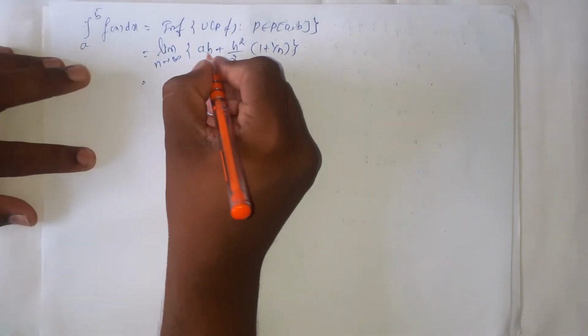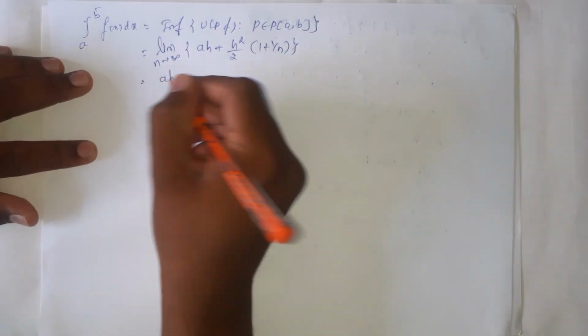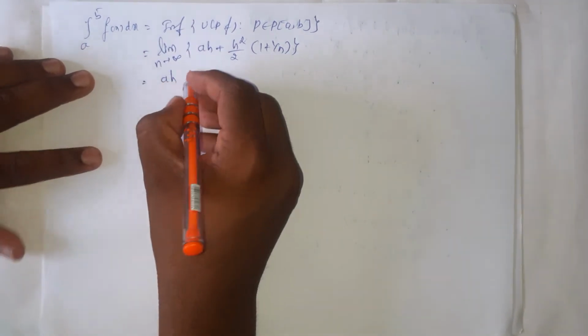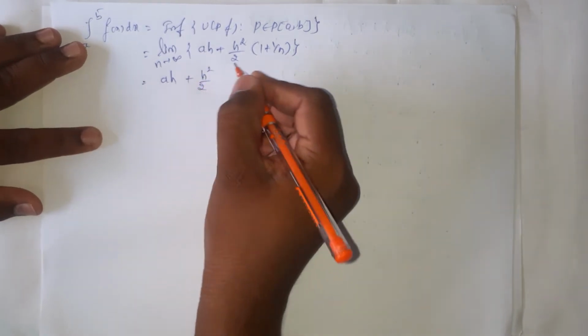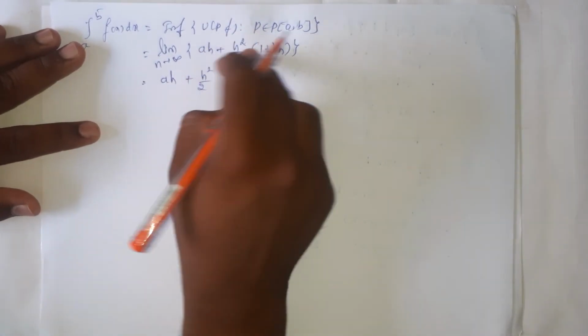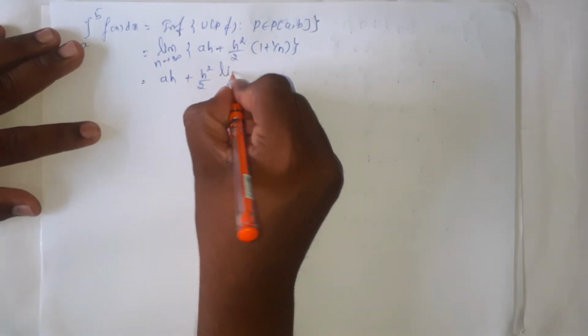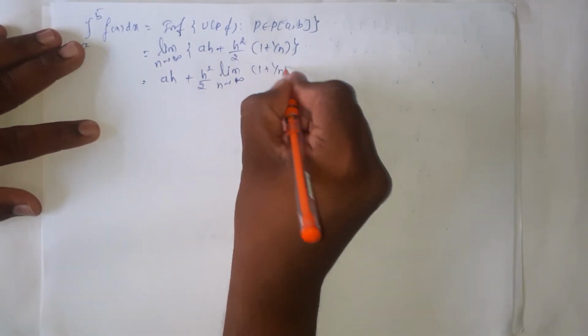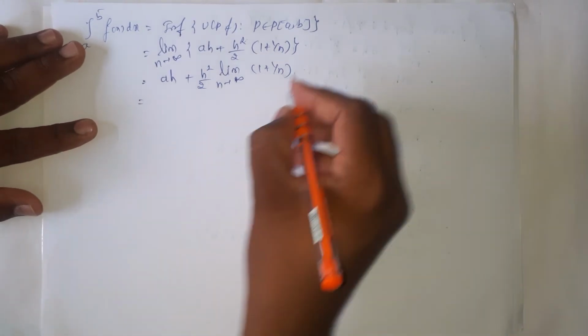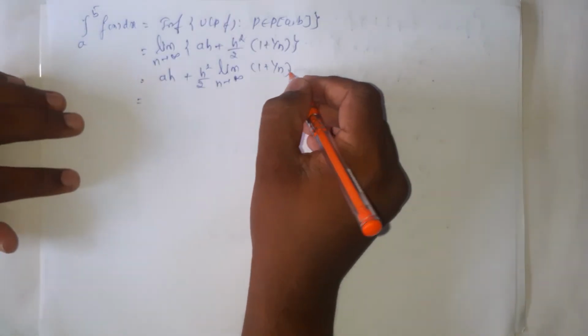Now the first term is independent of n, that is the constant ah, plus h square by 2 is also a constant, so we cannot apply the limit for this term, into the limit as n tends to infinity of (1 plus 1 by n). So here that 1 by n becomes 0 after applying the limit.